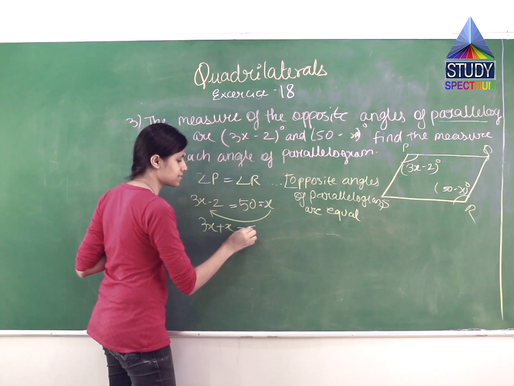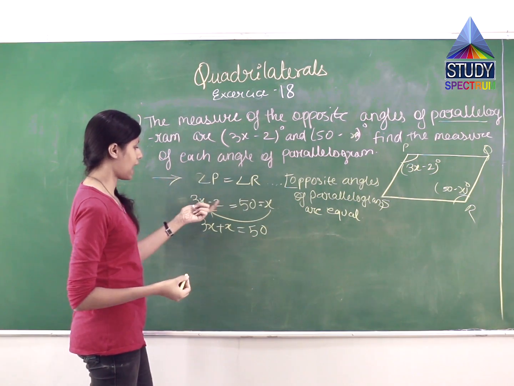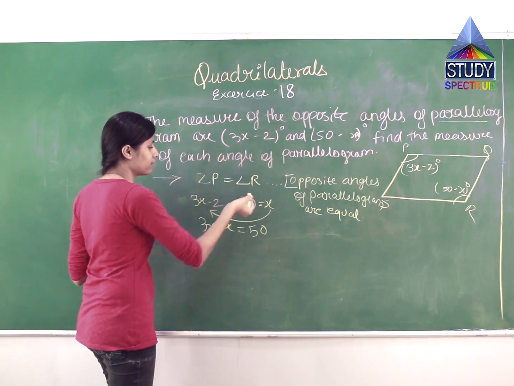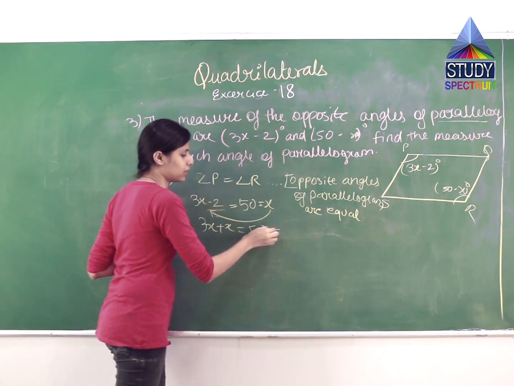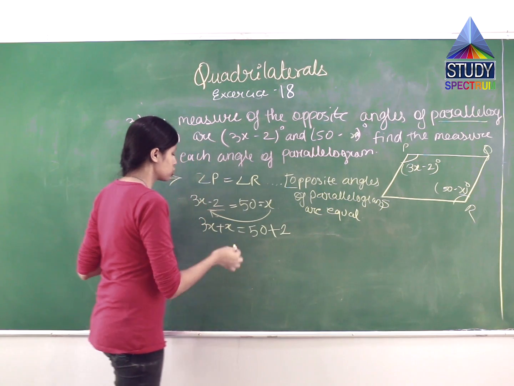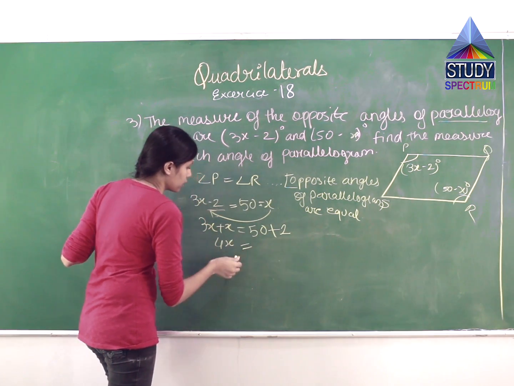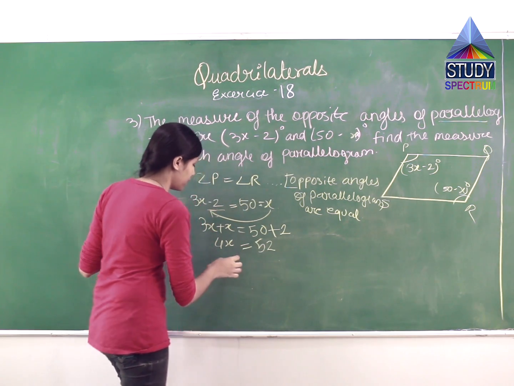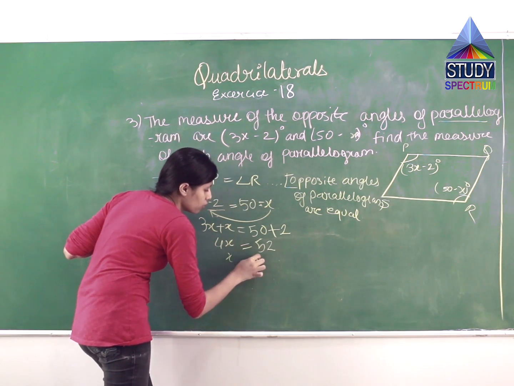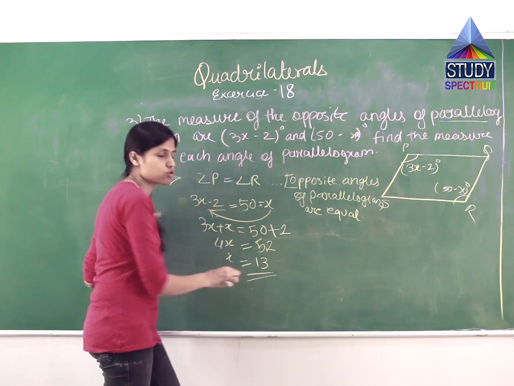And this 50 as it is, I will bring it down to the right hand side, and this 2, I will bring it over here. This is negative 2. When it comes to that side, it will become positive 2. So it will be 4x equal to 52. When I divide, x is equal to 13, since 4 1s are 4 and 4 3s are 12.